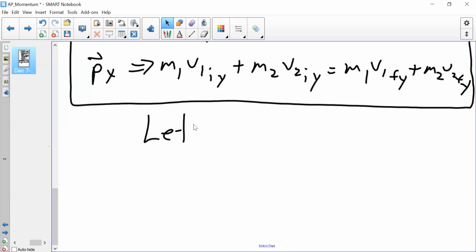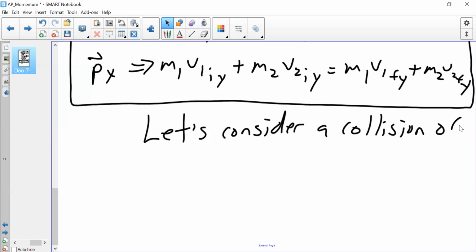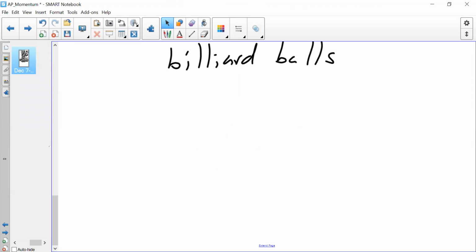Okay, so let's consider the collision of billiard balls, you know, when you play pool. Let's say the cue ball is coming in and it's going to hit an 8-ball. The 8-ball's at rest. And see what happens.